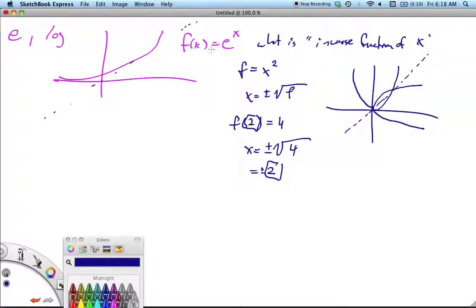So the question is, is there such a function for f of x equals e to the x? We want to find g of x such that g of e to the x should just be equal to x.